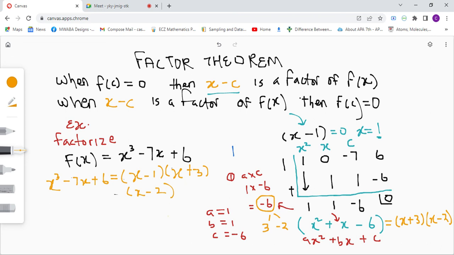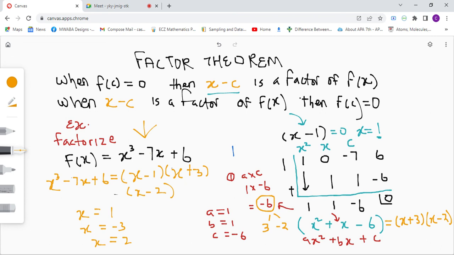So basically, what this is telling us is that if you substitute x for 1 or x for negative 3 or x as 2 into this polynomial, you will get 0.